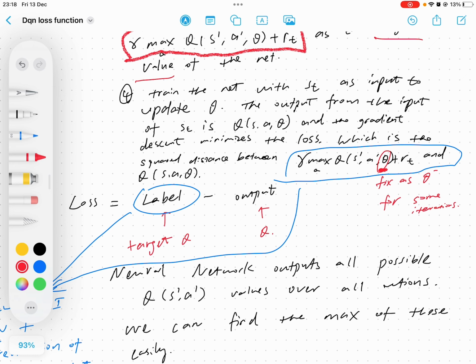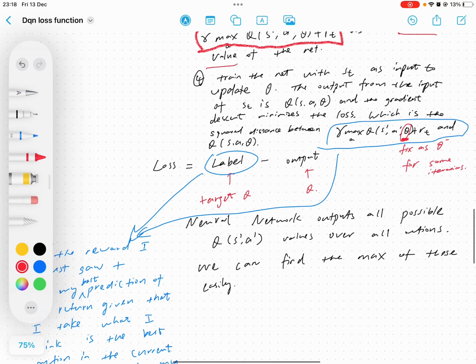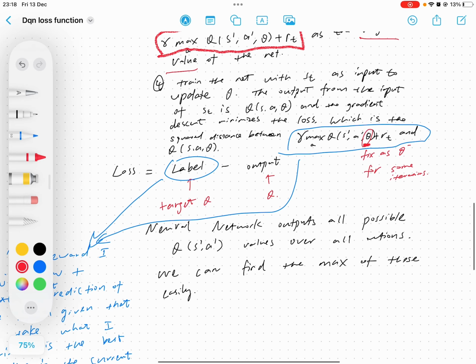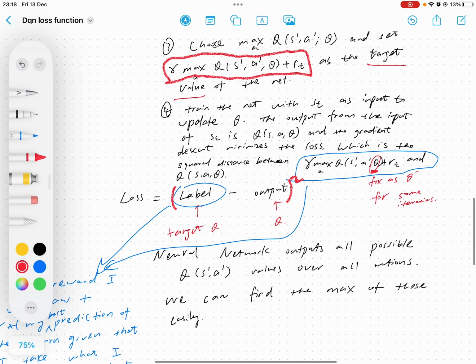All right, so this loss will be just the squared distance between the label, which is the target Q, and the original Q as the output.